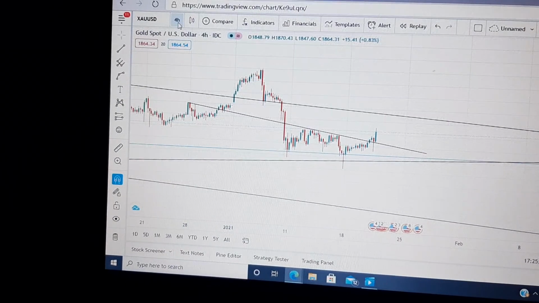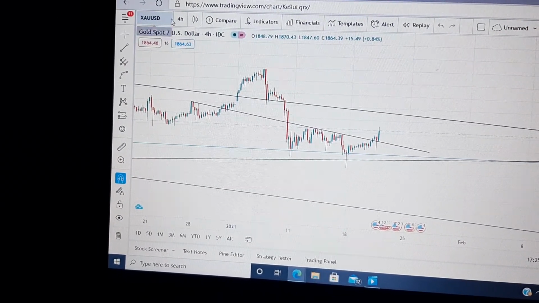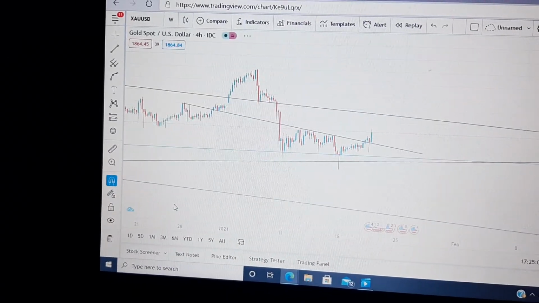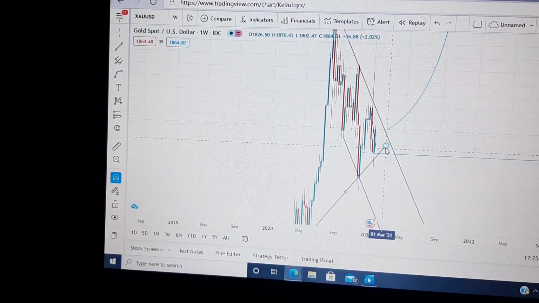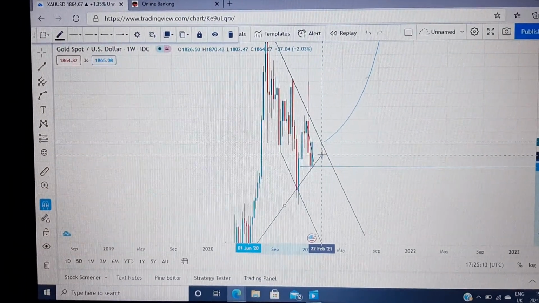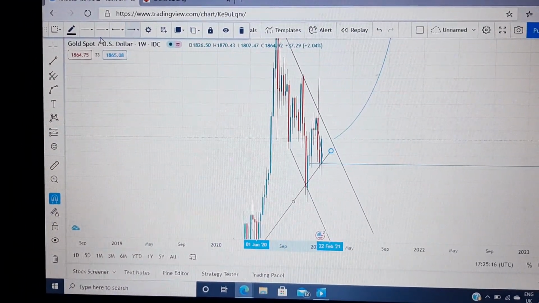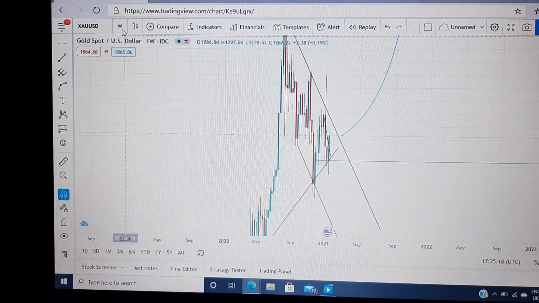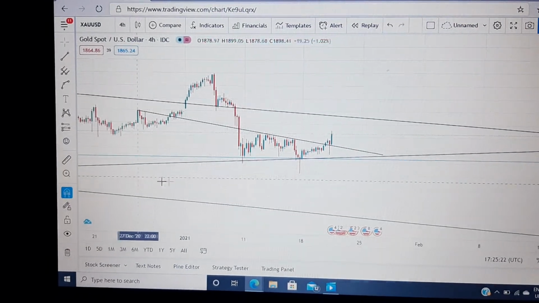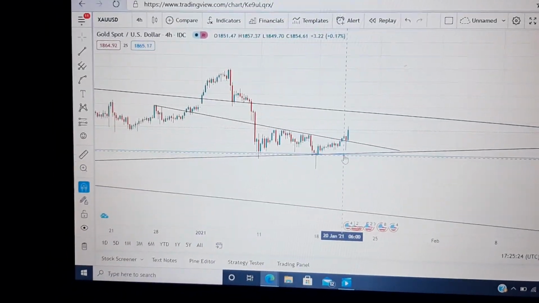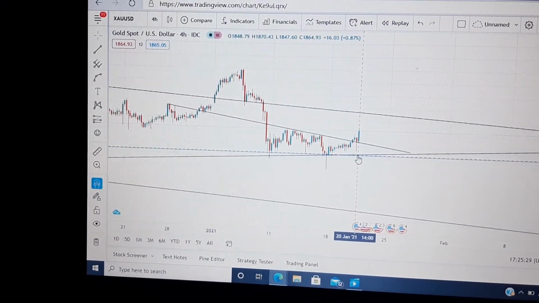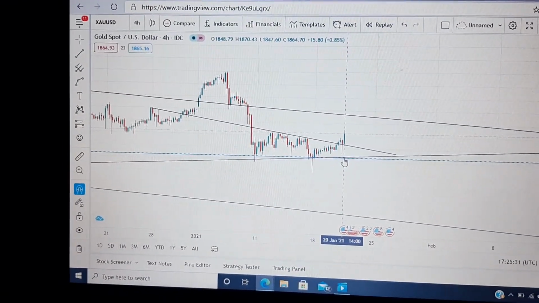Let me just adjust my trend line, and then let me go back to H4. I just wanted to explain the importance of this trend line here. As you can see, it almost went back down to touch that trend line that I actually drew on week 1.